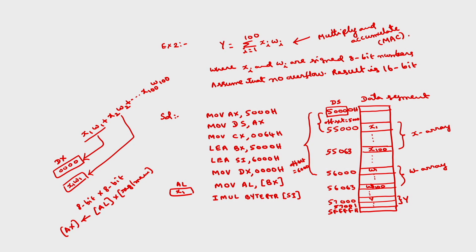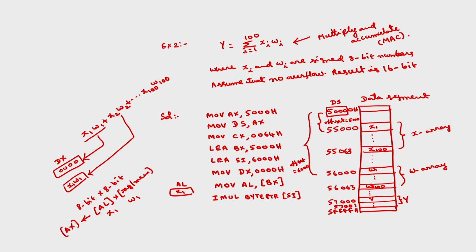Which memory location? Whose offset is present in SI. Okay. So the memory location whose offset is 6000 is W1. So this will multiply AL, which is having X1, with this memory, which is W1. Because I want to take only a single byte, I am assuming that W is an 8 bit number. So that is why I have written byte PTR.